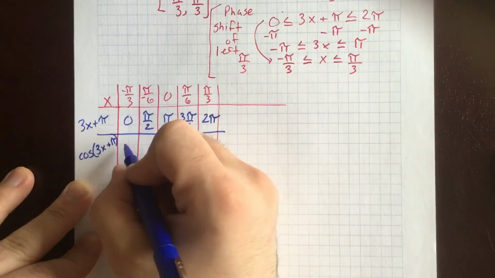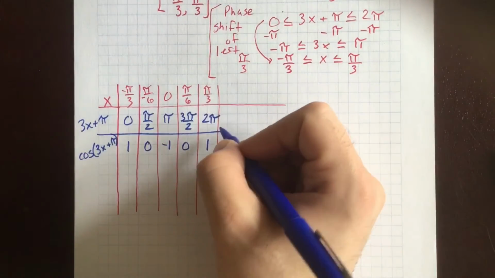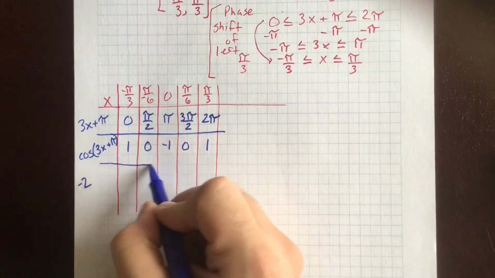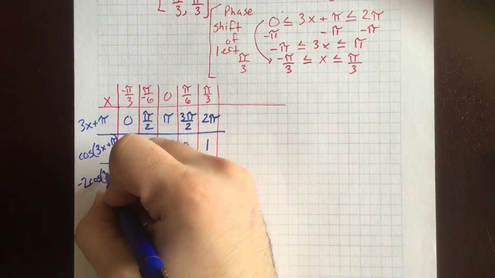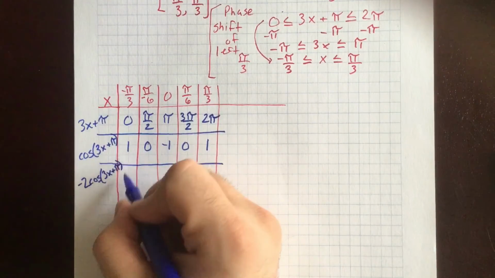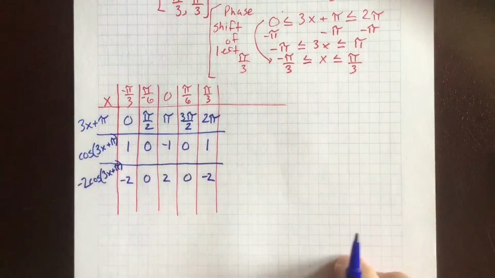So it would be cosine of 0, 1, 0, negative 1, 0, 1, and then multiplying each of these values by negative 2. That would give us negative 2, 0, 2, 0, negative 2.